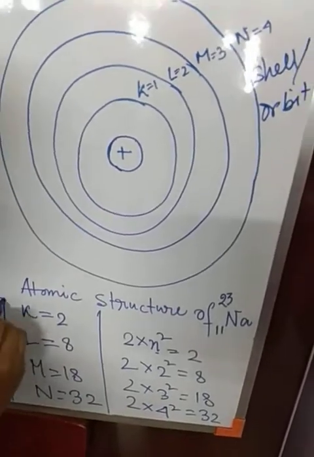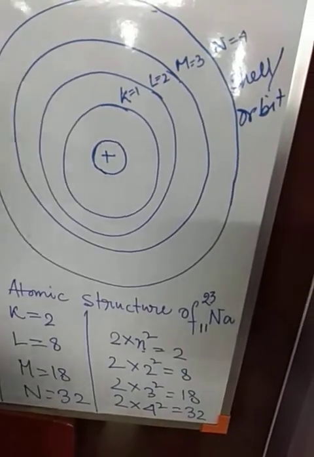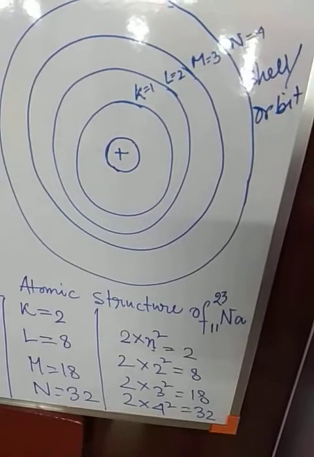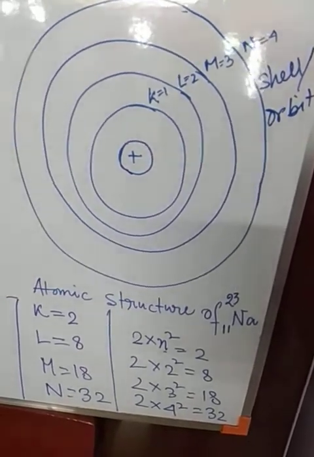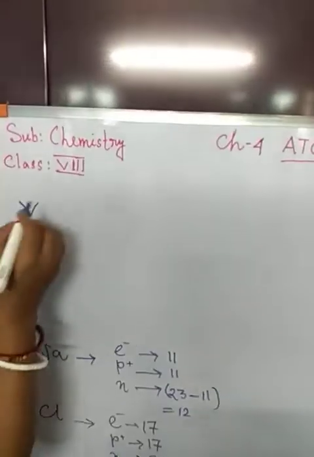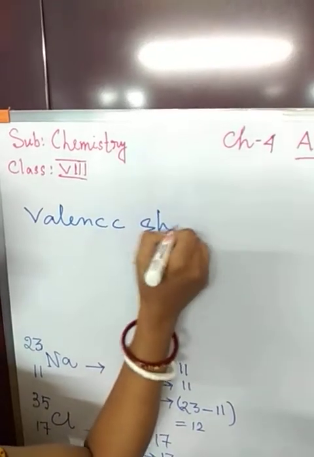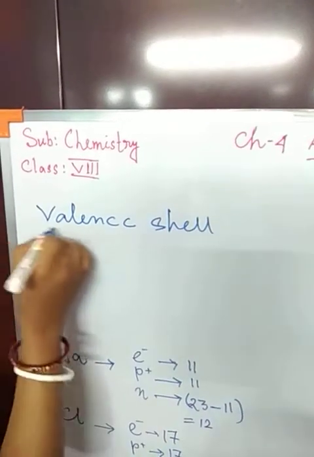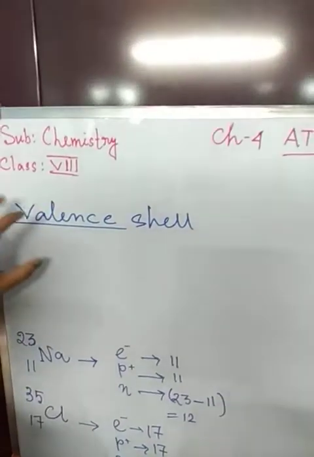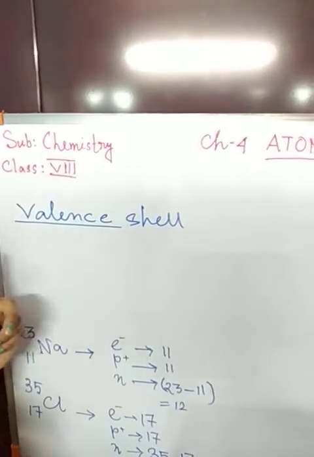But the last shell we will call the valence shell. The valence shell is the last shell, and the electrons in the valence shell are called valence electrons.